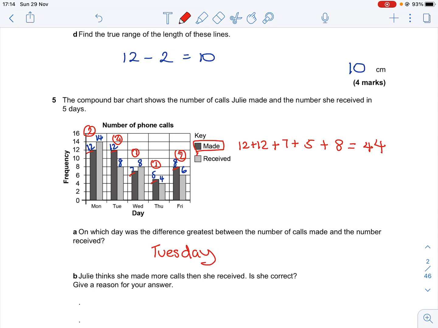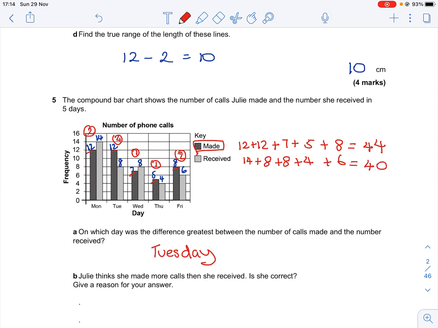So she made 44 calls, and the number received would be 14 plus 8 plus 8 plus 4 plus 6. It's easier if we do 14 plus 8 is 22, plus another 8 is 30, plus 4 is 34, and plus 6 is 40. So she received 40 calls.